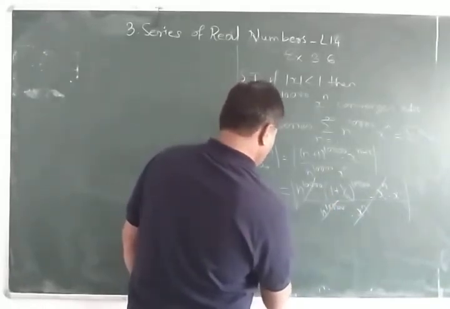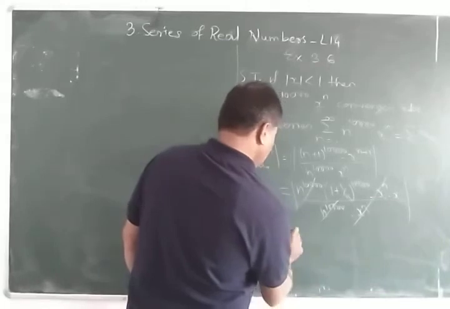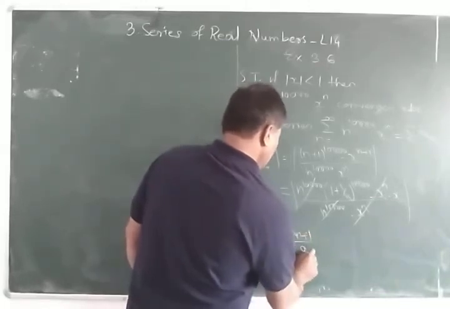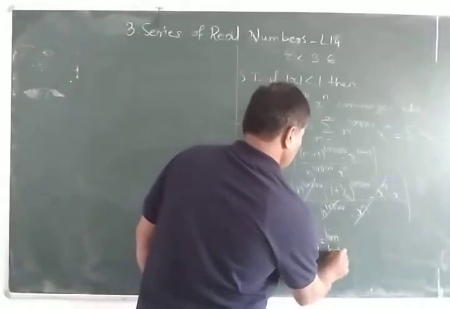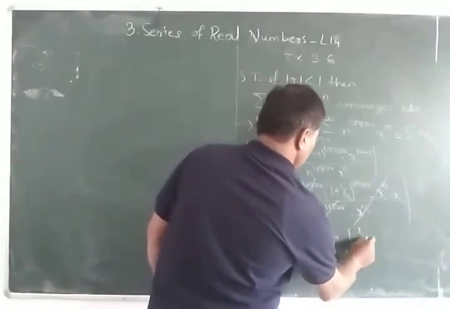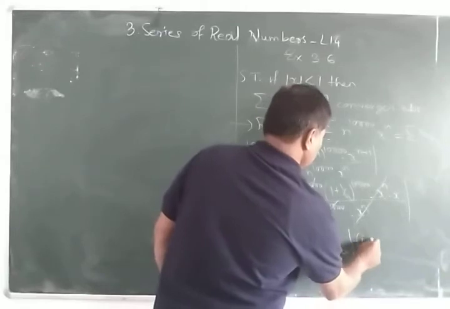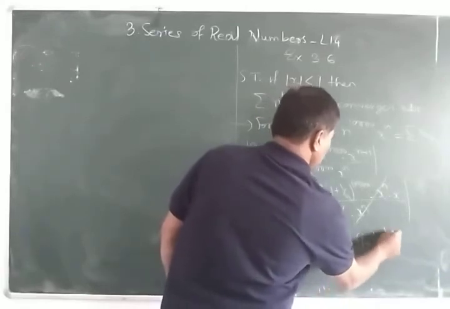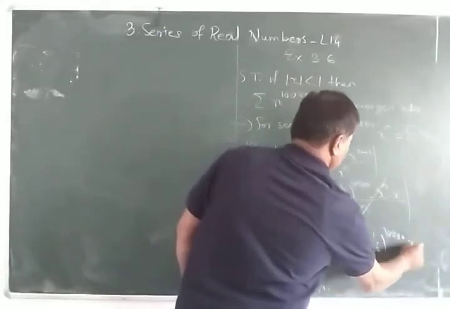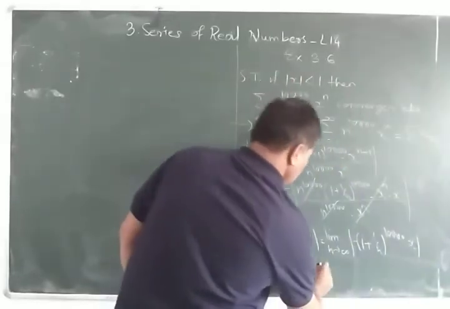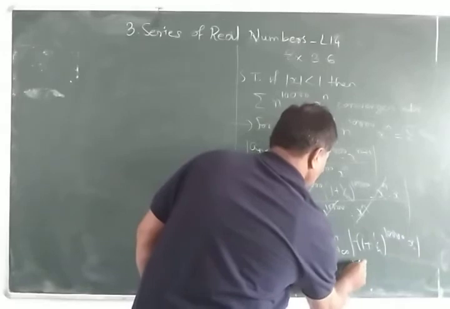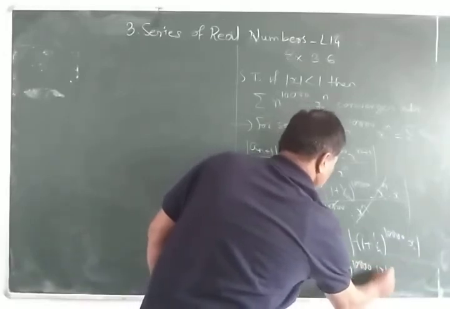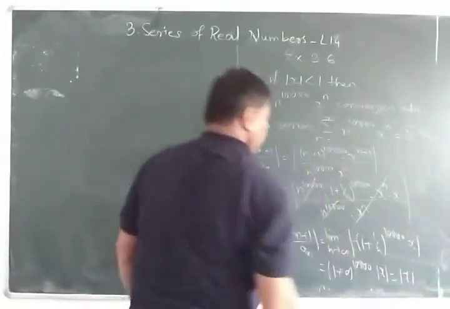Therefore, limit n tends to infinity of mod of a(n plus 1) upon an equals limit n tends to infinity of (1 plus 1 upon n) raised to 10,000 into mod x, which is nothing but (1 plus 0) raised to 10,000 into mod x, which is equal to mod x.